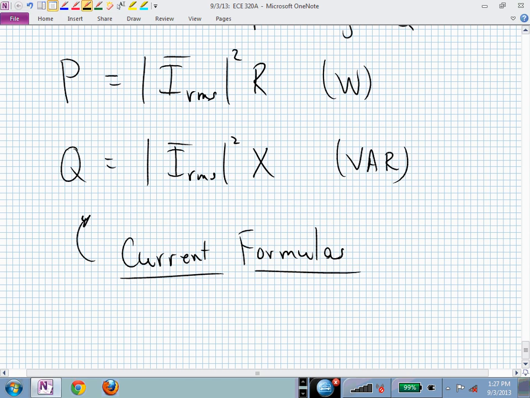If you know your current, then if you also know the equivalent impedance, then you can use these formulas to compute the real and reactive power in that particular piece of your circuit. We can do the same kind of analysis by saying, what if we just have the voltages? Let's look at the voltage formulas.